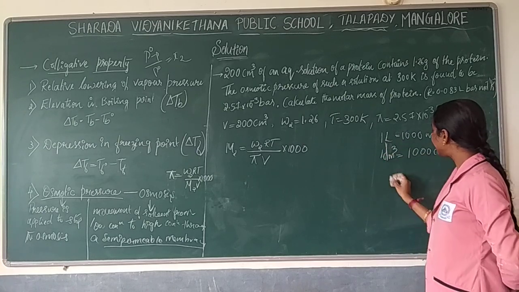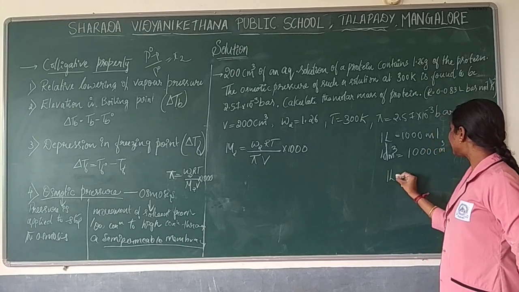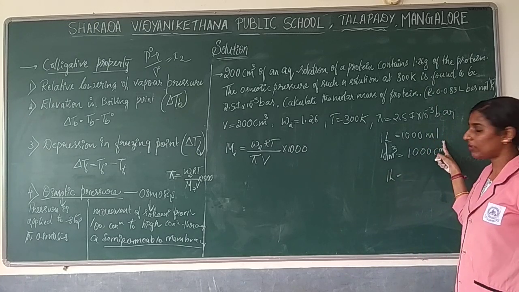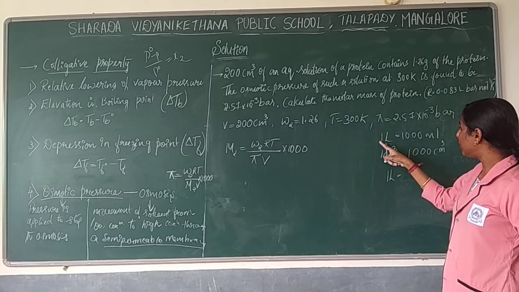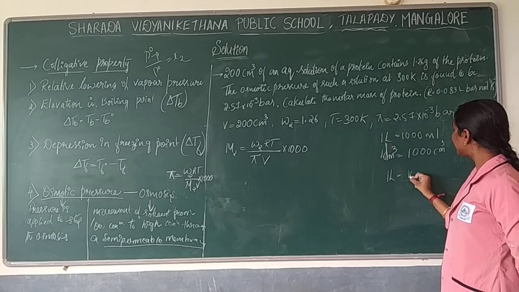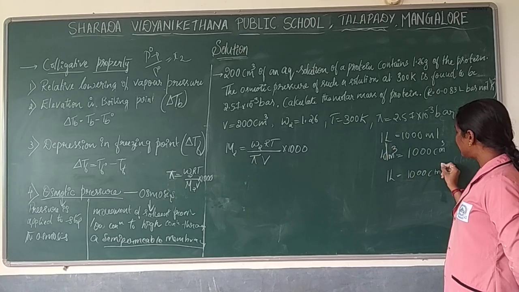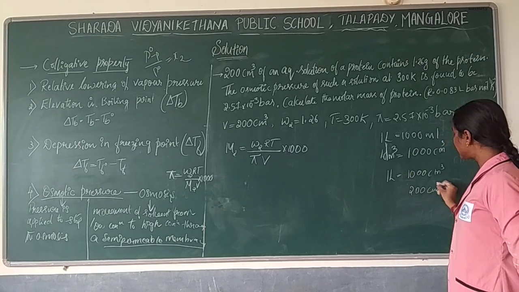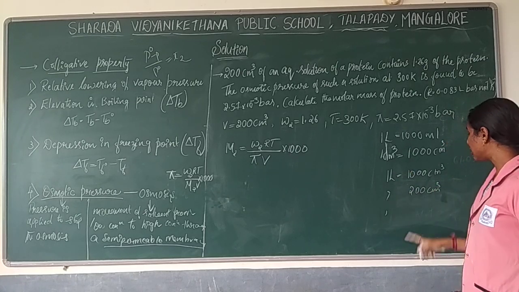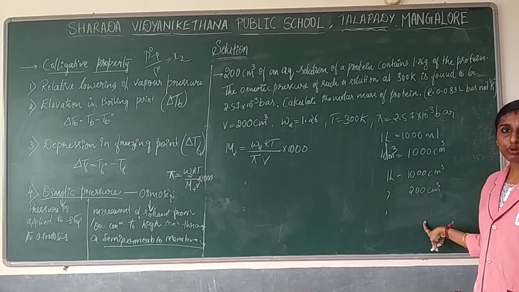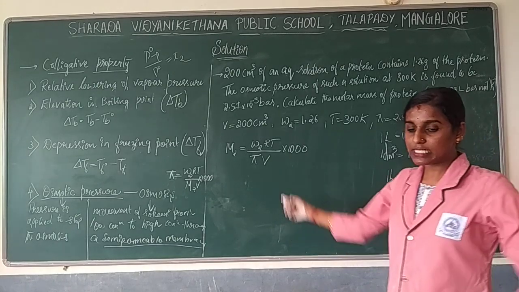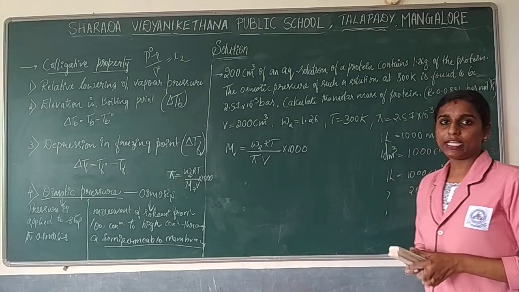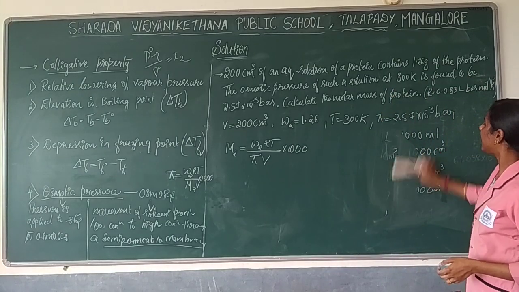So 1 liter is equal to 1000 cm cube. Now how much do we want? 200 cm cube, in the sense how many liters. By cross multiplication you will get 0.2 liter. Or else, if you multiply by 1000, here also you will get the same answer.